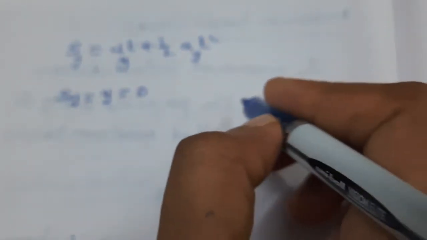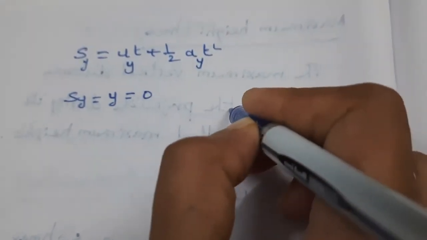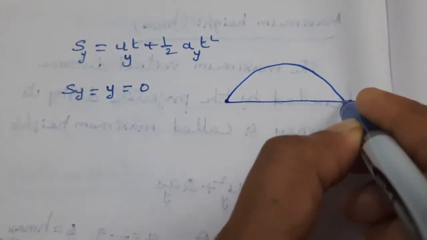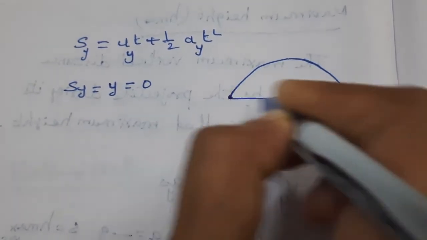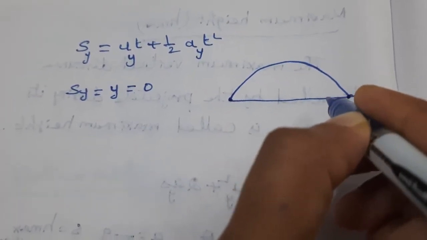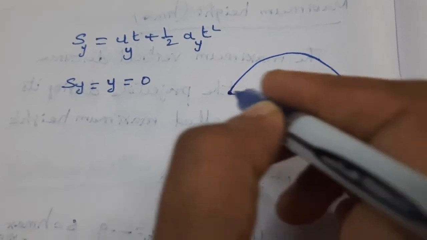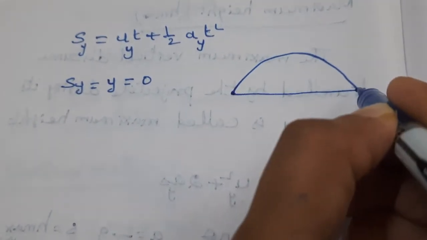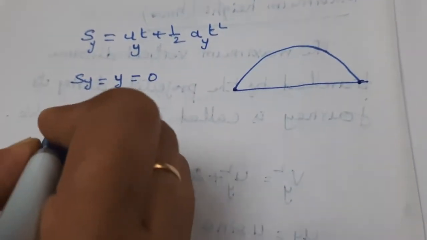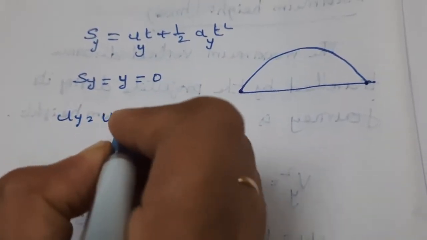Net displacement in the y direction is 0. The projectile starts from here, goes like this and comes down. So what is the net displacement in the y direction? It is 0. It starts from the ground and reaches the ground, so net displacement is 0. Then uy we know, u sin theta.